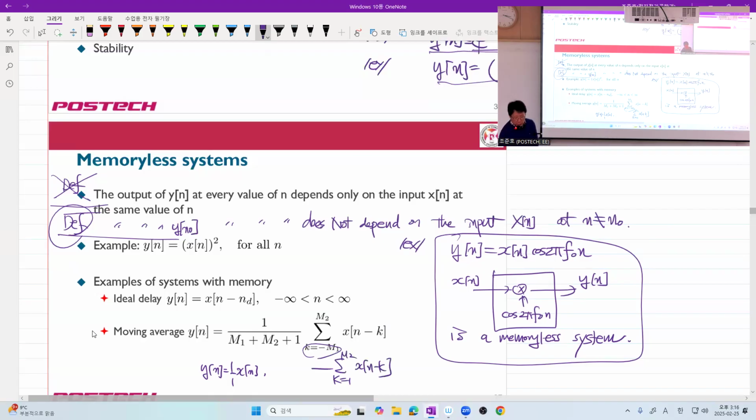Got it? And we have M2. So if unit time means day, M sub 2 day moving average. So if M2 is 30, you have a 30-day moving average. It's a 120-day moving average. Okay, time's up, I believe, and let me finish.